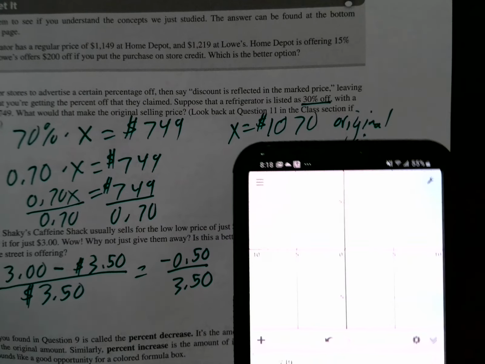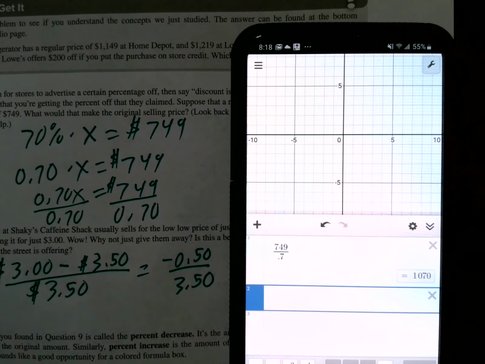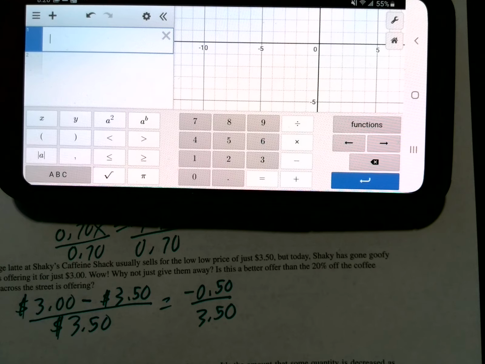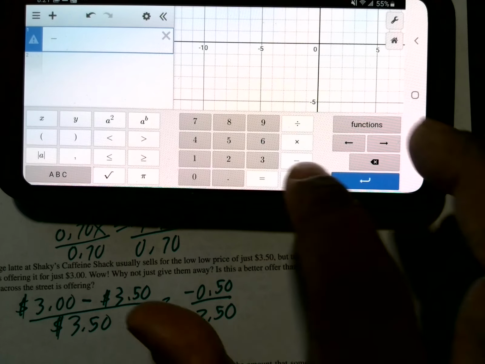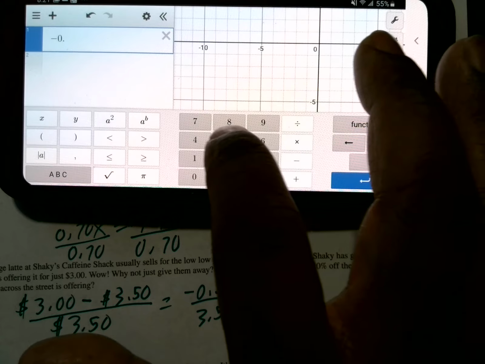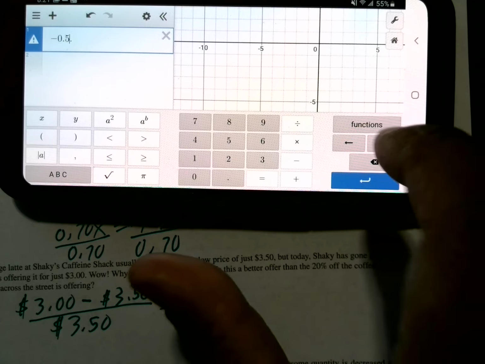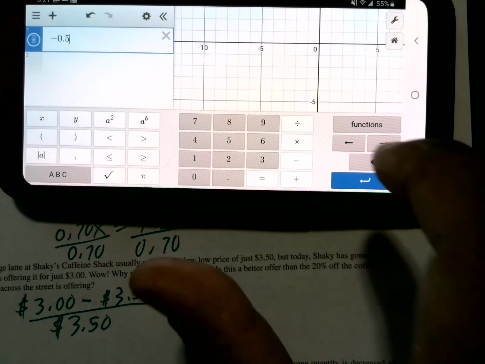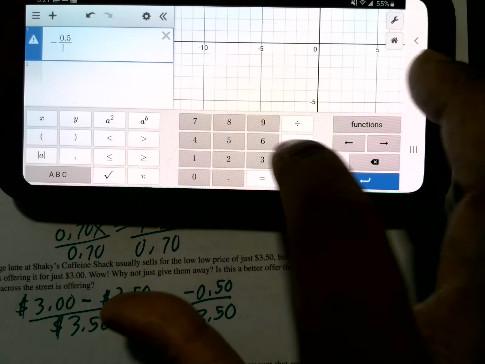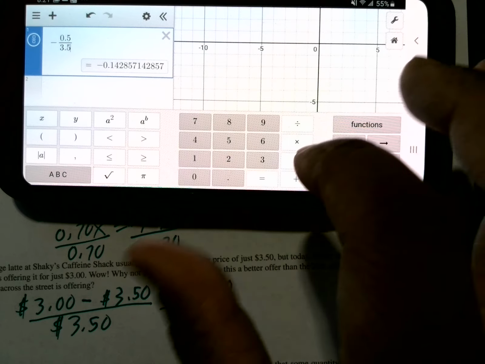Okay, so now I'm going to put this in our calculator. So we will have, I don't see the negative sign here. Okay, I found the negative sign is actually the subtraction sign. So it'll be a negative 0.50 divided by 3.50.